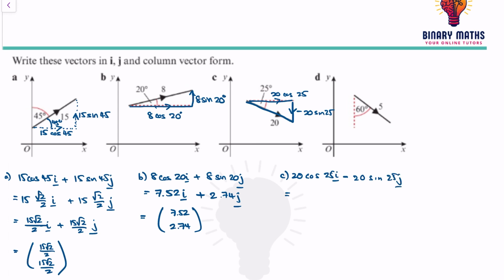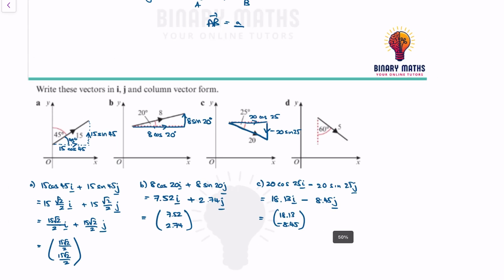Now, if I put this into my calculator, I get 18.13 i minus 8.45 j. In column vector form, that's 18.13 on top, minus 8.45 on the bottom. Just to re-clarify, because it's going down vertically, the j component is negative.